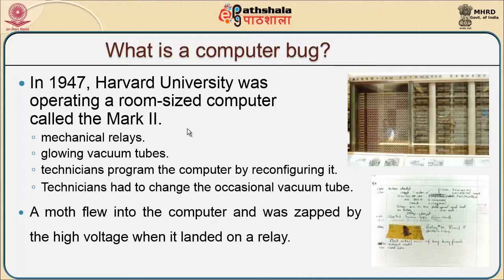A moth flew into the computer and was zapped by the high voltage. Because of this, it landed on a relay and a bug was identified. So, this is one of the bugs we initially started with when we were working with computers.